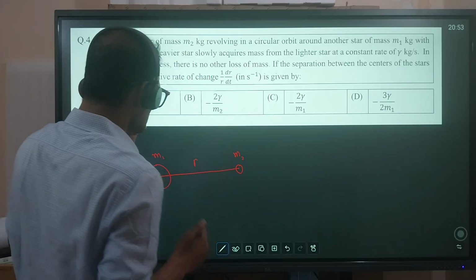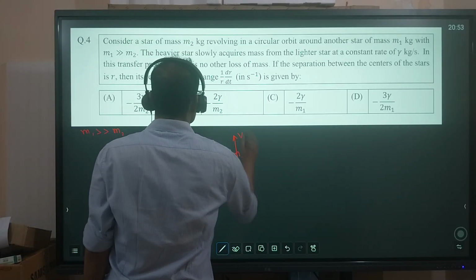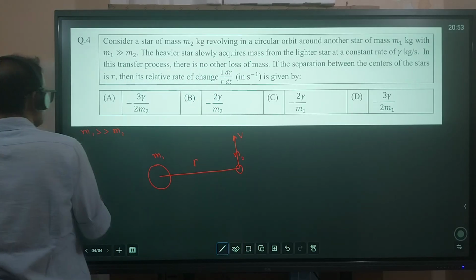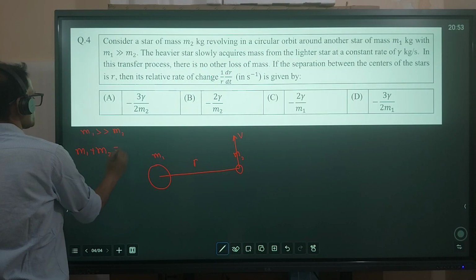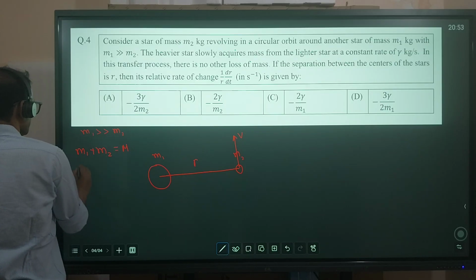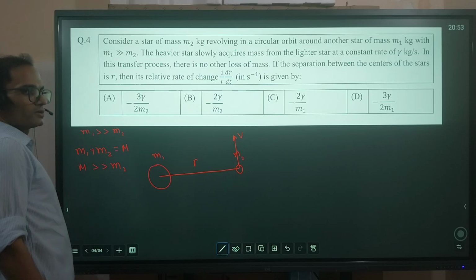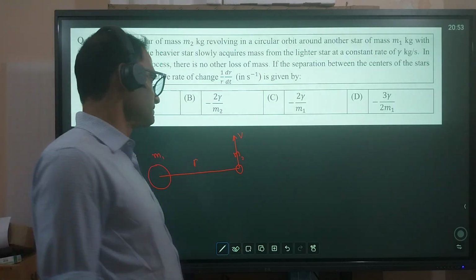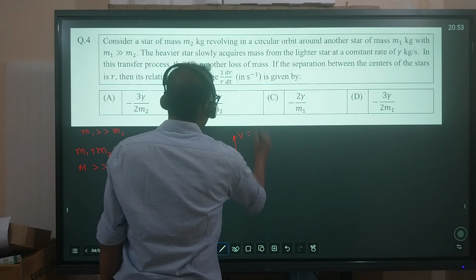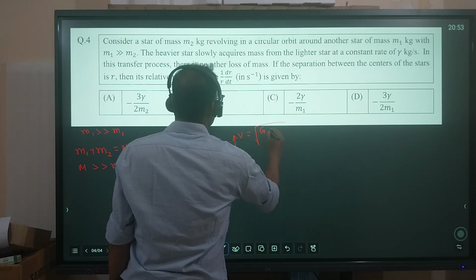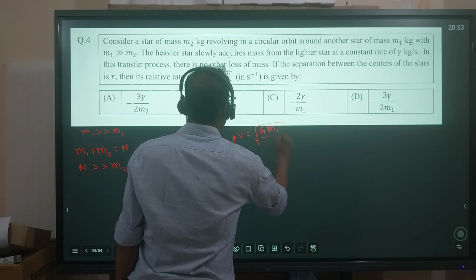So first it will have some orbital velocity v. You can also see that m1 plus m2 is the total mass, and this total mass M is also very large compared to m2. First you have to see this. The orbital velocity formula we already know: under root g m1 by r.